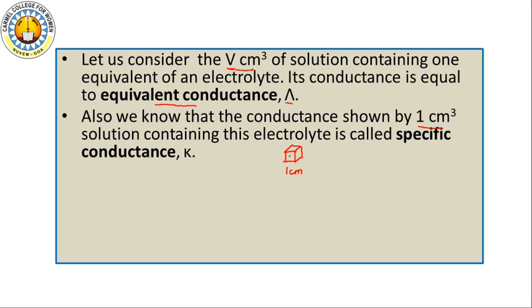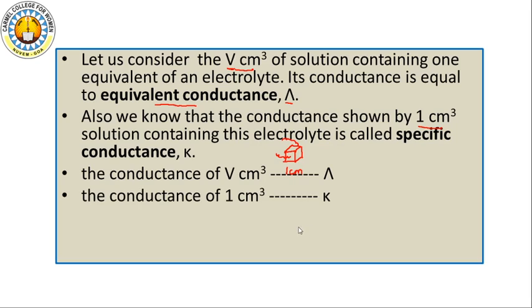Each side is equal to 1 centimeter; if this is connected to the positive and the opposite is connected to the negative, the conductance corresponding to the solution it contains will be called specific conductance. Now, to sum up, the conductance of V centimeter cube is equivalent conductance, and the conductance of 1 centimeter cube is specific conductance given by K.